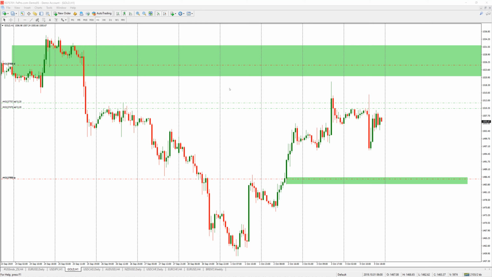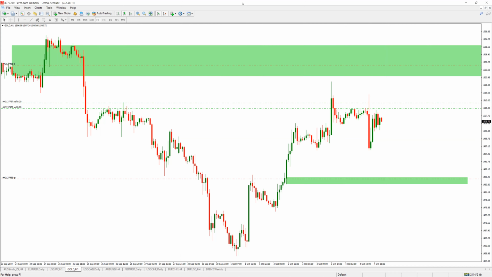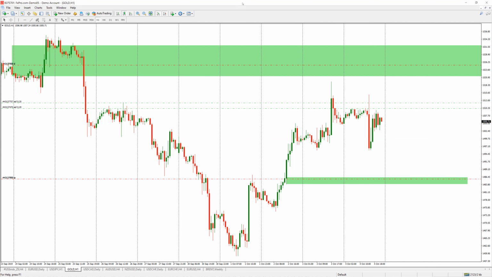This is like a retracement from last week's high and the end of lows for last week. It retraced back to like 50% of all last week. Then that's when we have those entries for sell position.